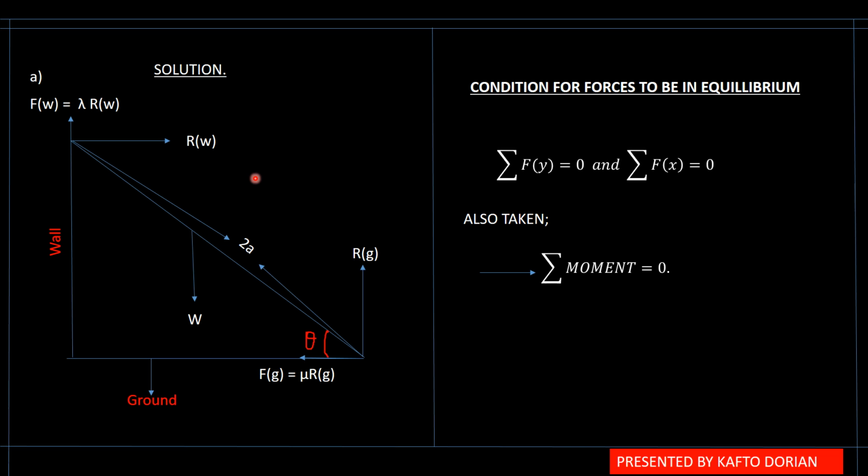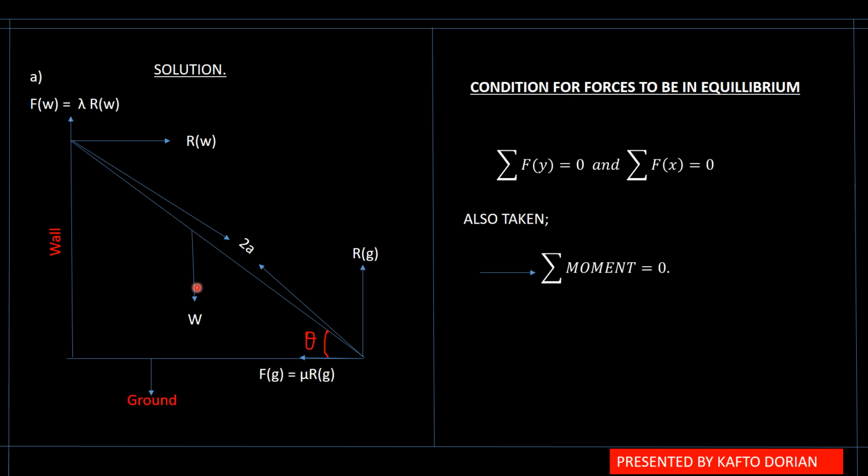I repeat again, the moment of a force is defined as the product of a force and the perpendicular distance from the line of action of the force to the pivot. So what does that mean? It means that I have here a force, which is the weight.